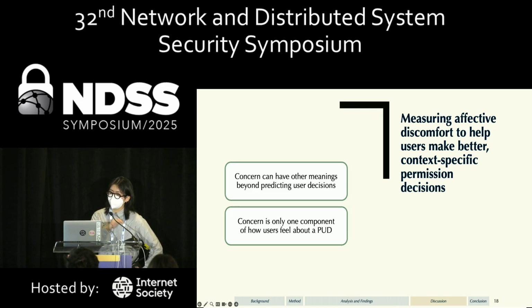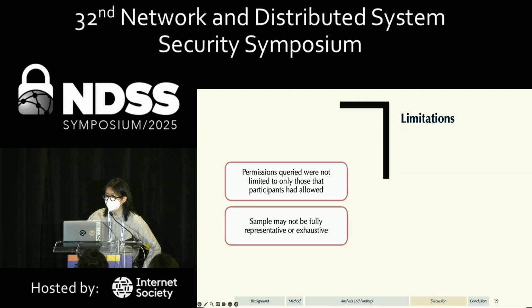And so if you pair that personalization engine with education, then users can make better decisions that feed back into the system. And also, concern is, of course, only one component of how users feel about a PUD. For example, even if there is low concern around a permission, a user might still not want to give access to it anyway. And then finally, some limitations of our work.